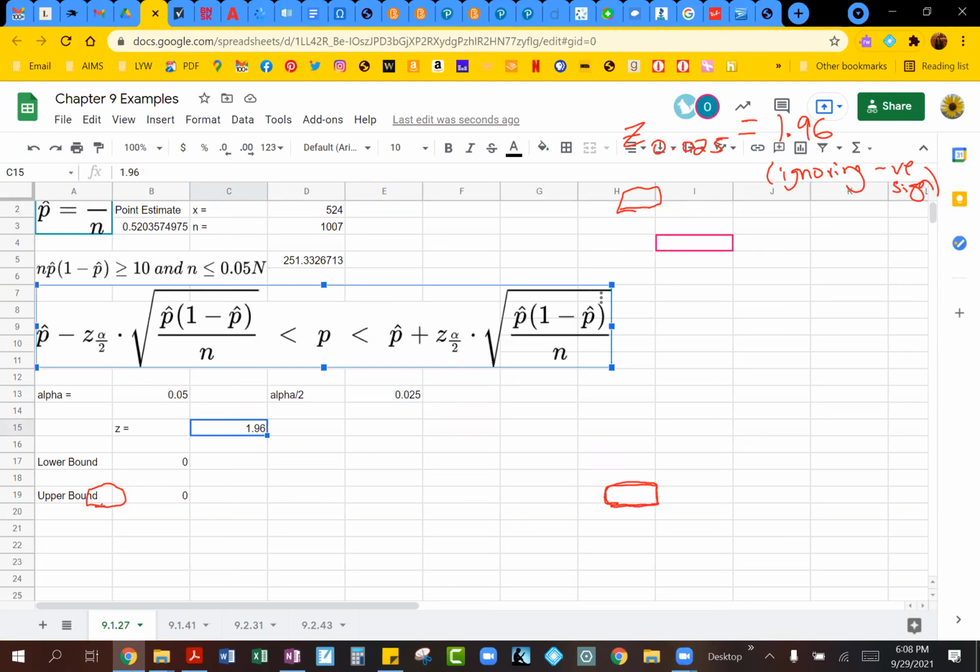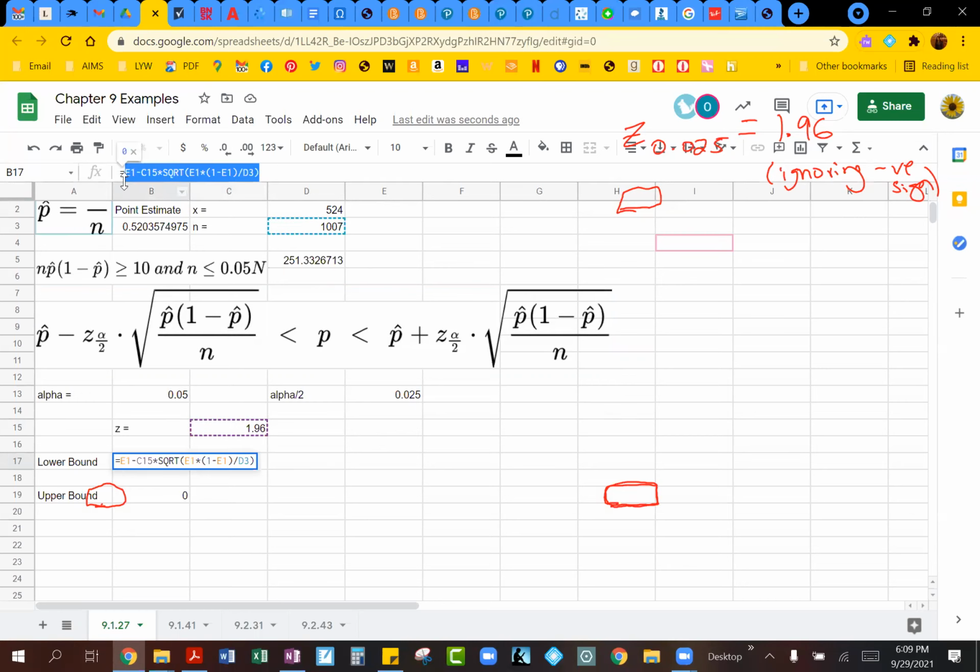So basically you can see we have a lower bound, which is the minus sign part of the formula on the left-hand side. And then the upper bound will be the p hat plus the z-score and all of that. So to calculate that, and I thought I had put my formula in here, but maybe I changed something. So let's go ahead and re-type that in. So remember, you start with p hat, and that's our point estimate value over here.